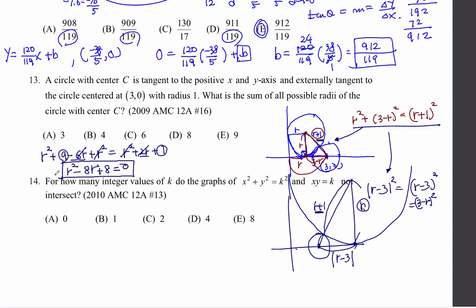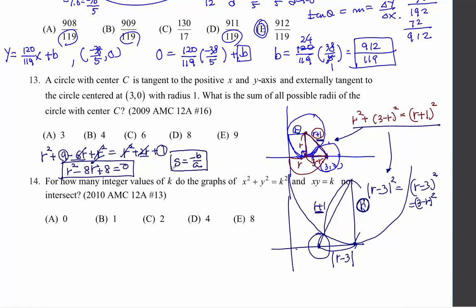That's the equation. But over here, the sum of all possible radii, the sum of this value of r and this value of r. You know Vieta's formula, right? The sum of the two roots equals negative b over a, isn't it?